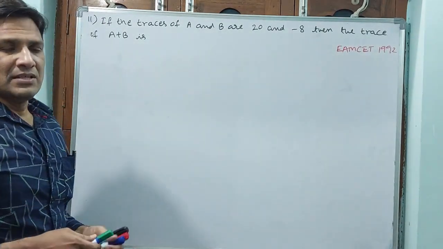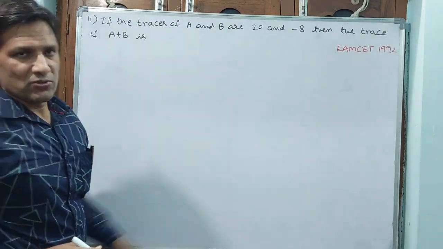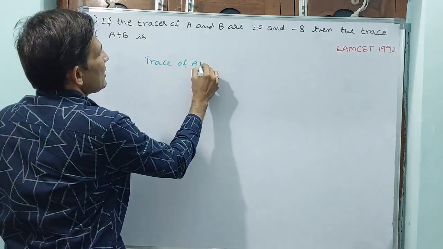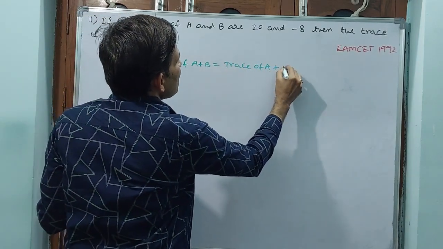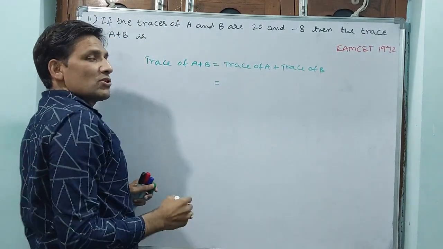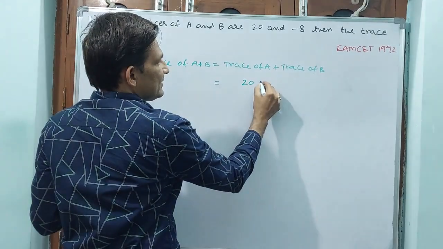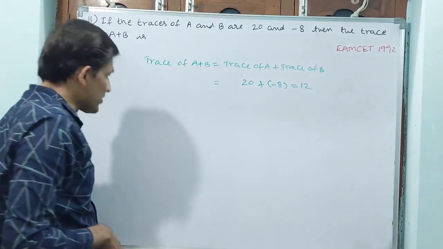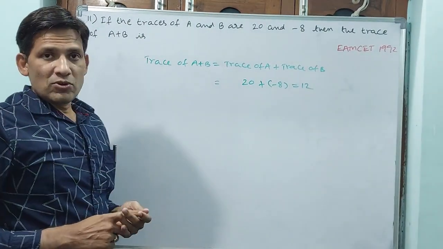Simply, trace of A plus B is equal to trace of A plus trace of B. What is trace of A? 20 plus -8, 12. That means trace of A plus B is 12. This is the answer. Let us go for the 12th question.